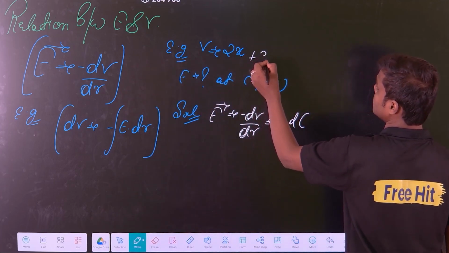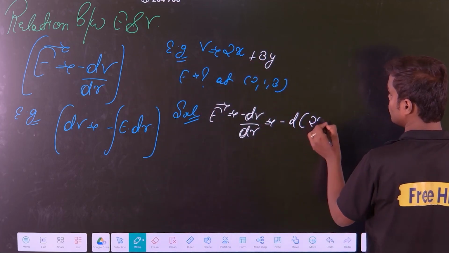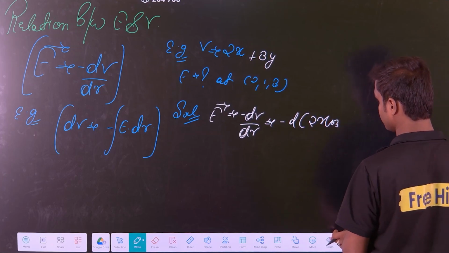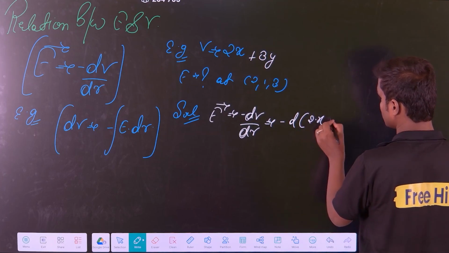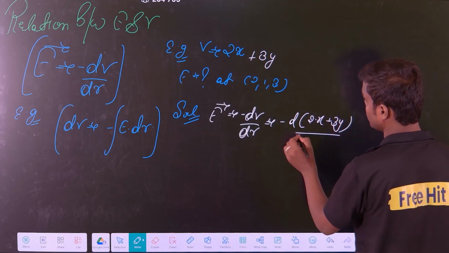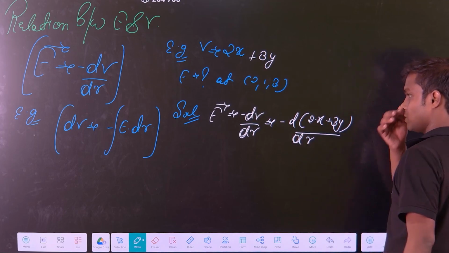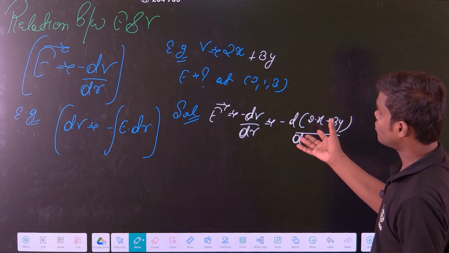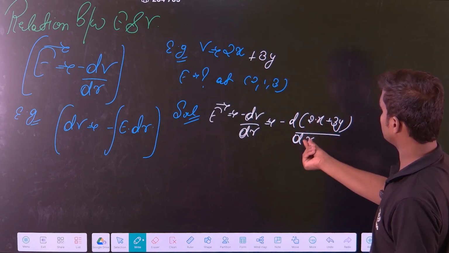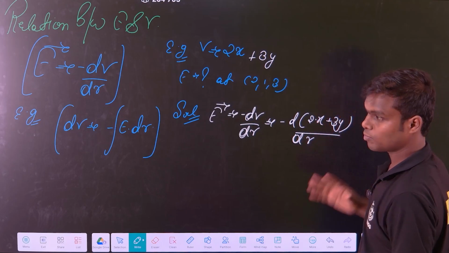Suppose this is 2x plus 3y, divided by dr. How can we differentiate with respect to x and y, both being there?